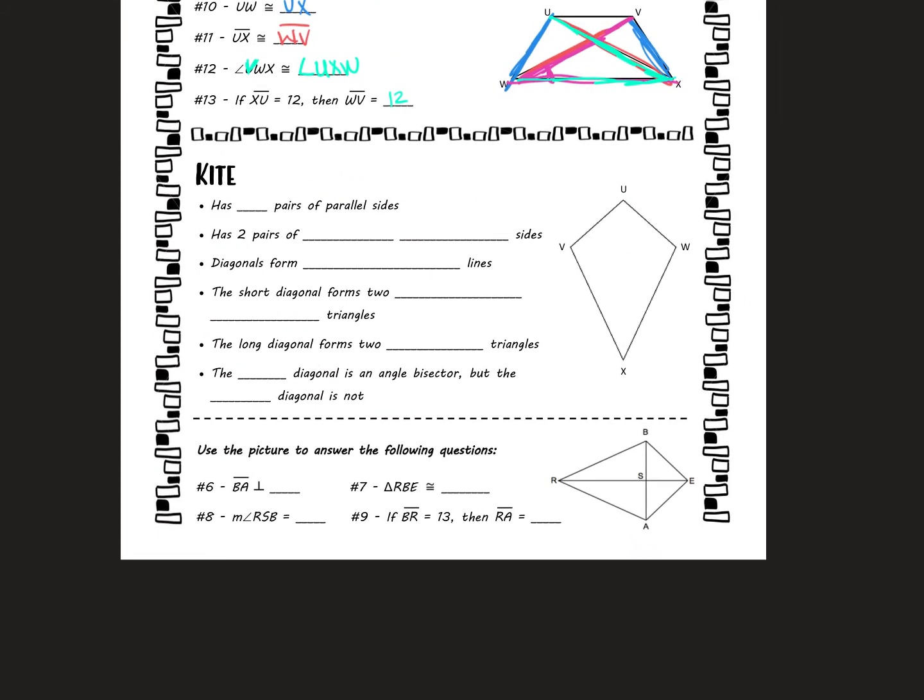All right, looking at our last shape, we're dealing with a kite. A kite has 0 parallel lines. All right, nothing's parallel on a kite. And then it has 2 pairs of adjacent congruent sides. And guys, what that means is this one is congruent to this one, and then these longs are going to be congruent to each other.